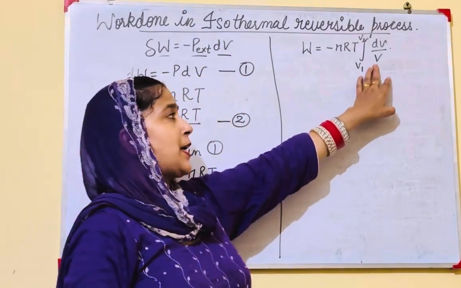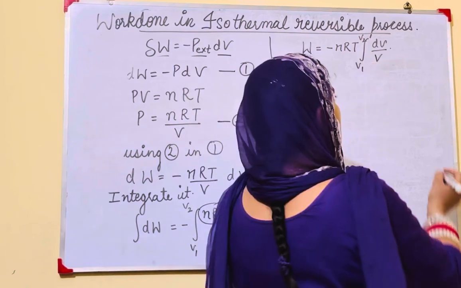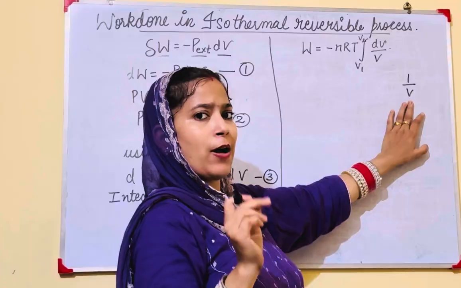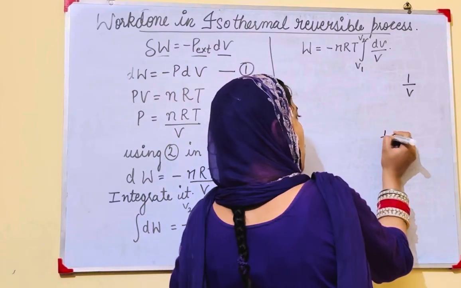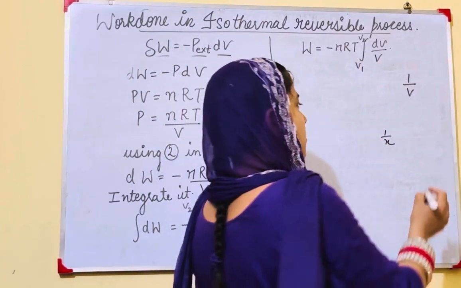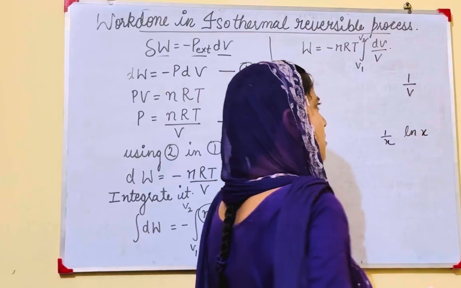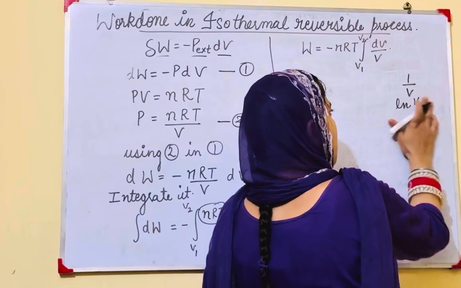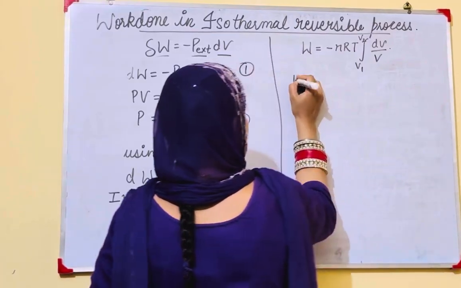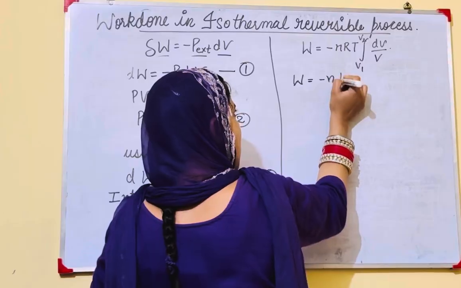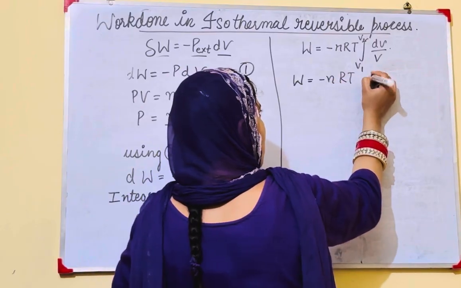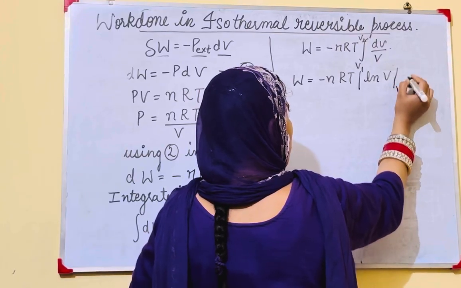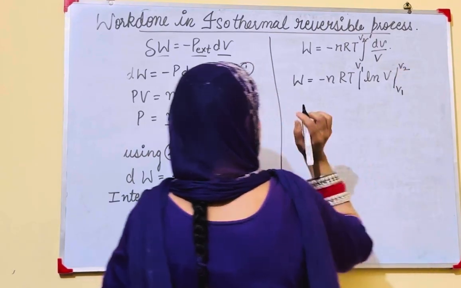Now we have to integrate dV by V, which means you have to integrate 1 by V. What will be the integration of 1 by V? Like 1 by x, you can write it as log x. So here you can write log V. So integration of this gives W is equal to minus nRT log V, with a mod, and on the mod you write these two limits.